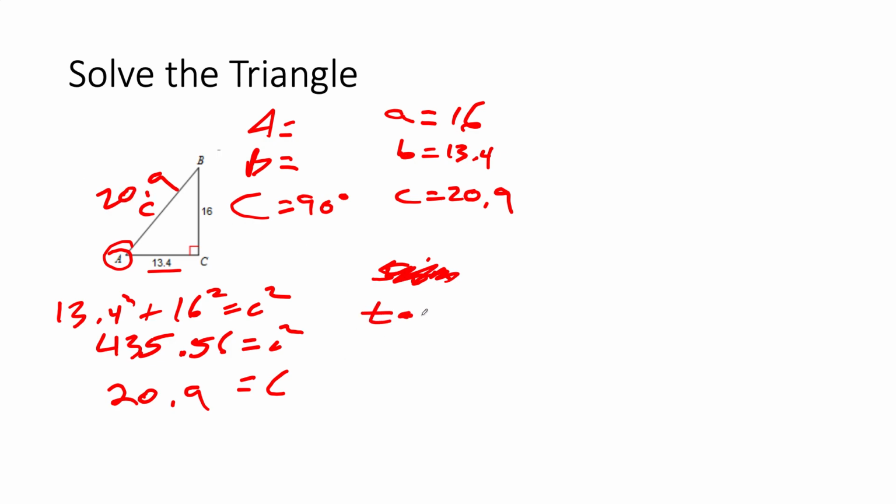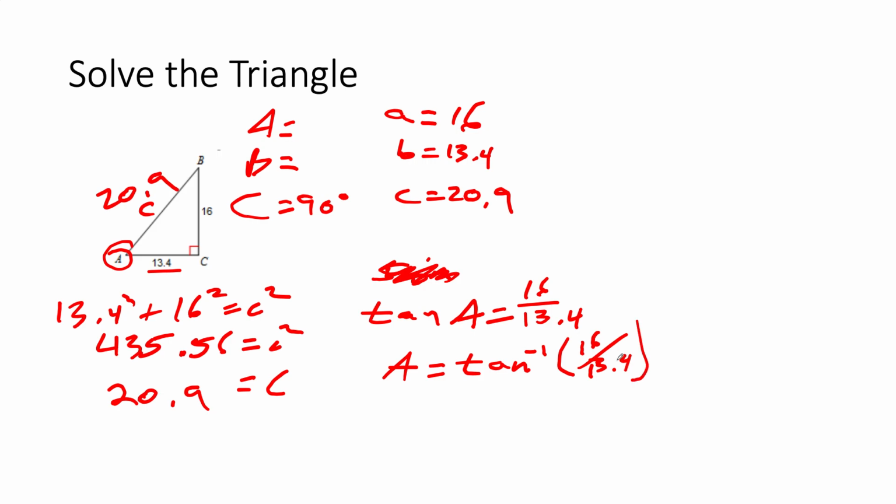I would do tangent. Tangent of A equals 16 over 13.4, which means A is the inverse tangent of 16 over 13.4. So inverse tangent of 16 divided by 13.4.